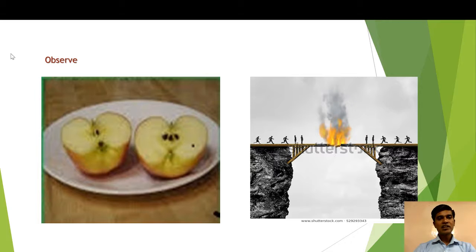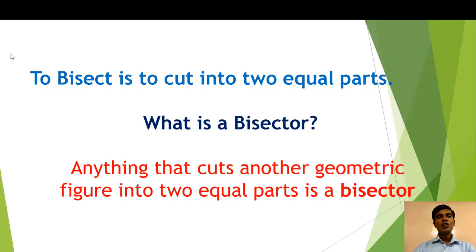An apple is cut into two equal parts. A wooden bridge is also burned exactly at the center and is divided or cut into two equal parts. To bisect is to cut into two equal parts. What is a bisector? Anything that cuts another geometric figure into two equal parts is a bisector.